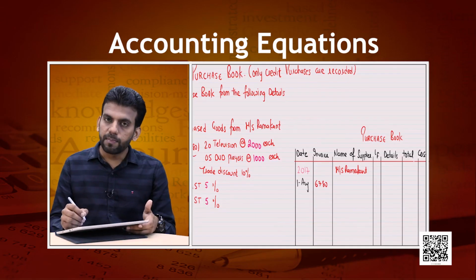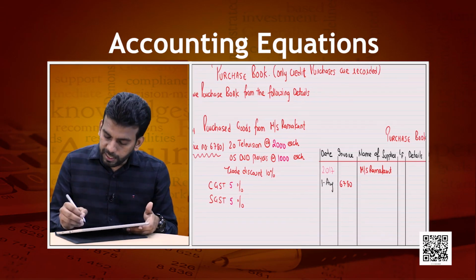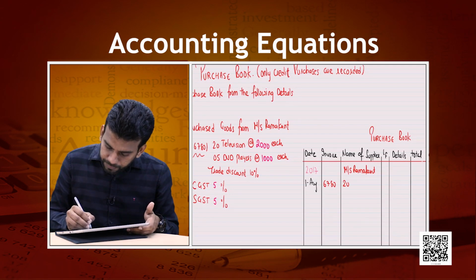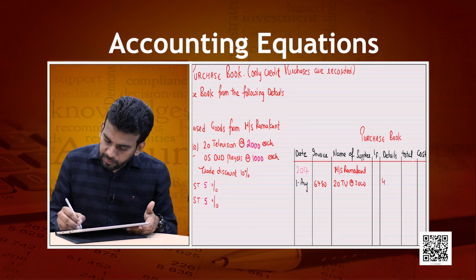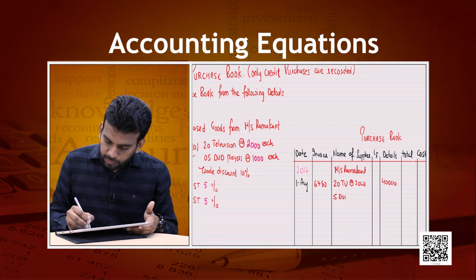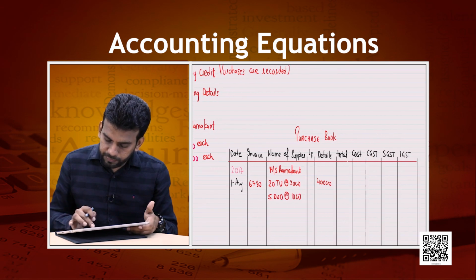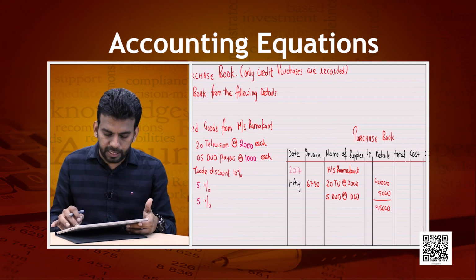Firstly, the name of the party would be mentioned in the particulars column. Then, what are the details? The details are 20 television sets at the rate of 2,000, that makes it 40,000. 5 DVD players at the rate of 1,000, that makes it 5,000, which makes it 45,000. Right?